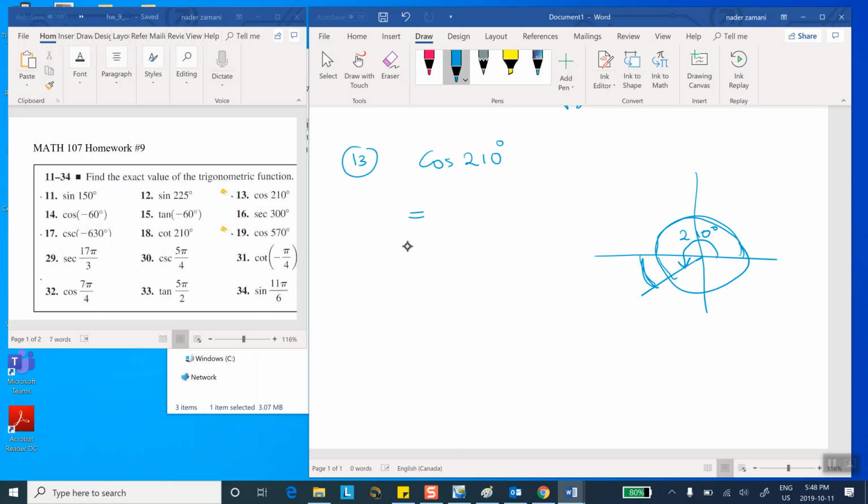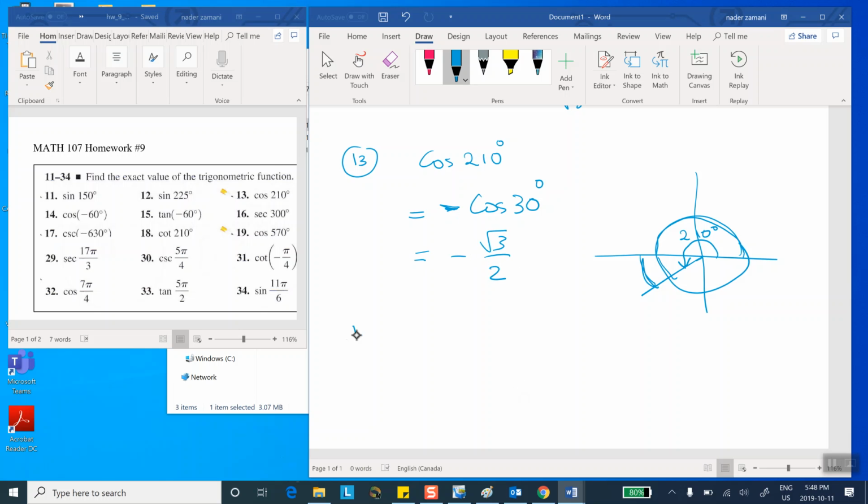So this is the same as cosine of 30 degrees, except that it should be taken as negative, because cosine of 30 is a positive value. However, just look at your angle 210, it has a negative cosine, and therefore you should put this minus sign in front of it. So this is going to be minus root 3 over 2.